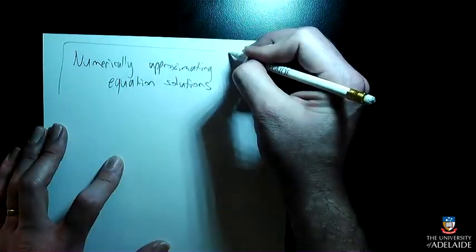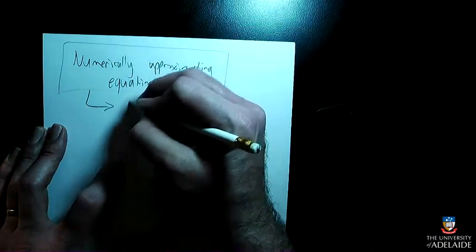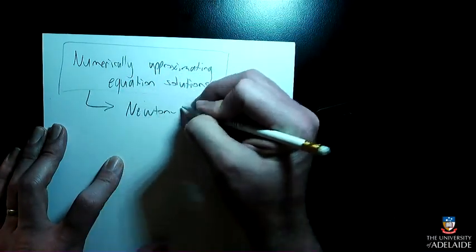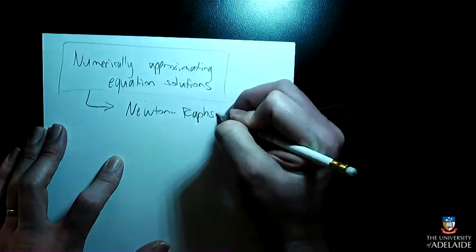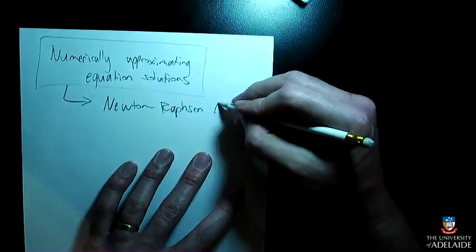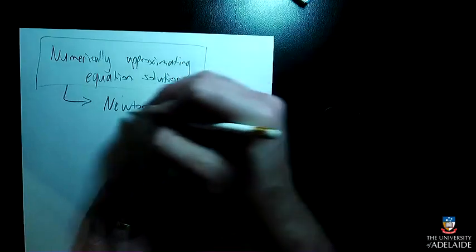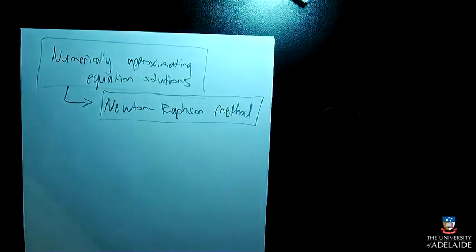Numerically calculating equation solutions basically means the Newton-Raphson method. That's the only one you've been taught. In most places on the internet that you look, it will just be called Newton's method. It's just worth pointing that out if you want to Google things.